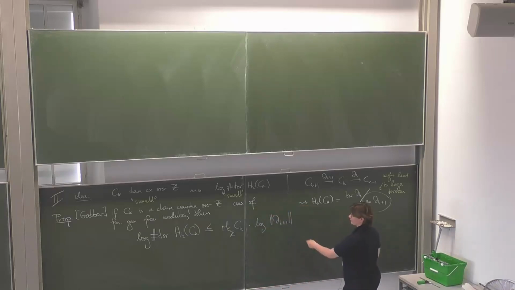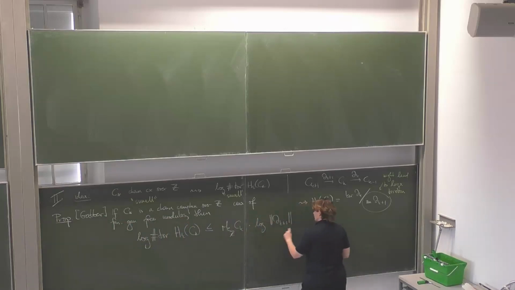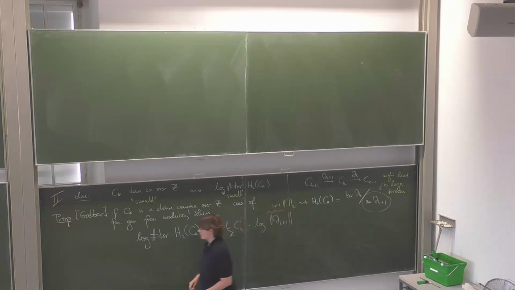Now, if these are finitely generated free modules, you pick bases beforehand, and then you take this norm with respect to the L2 norm. This is one way to state this.